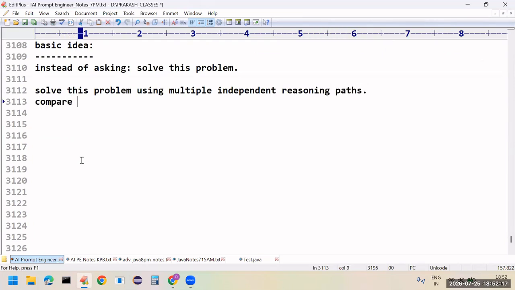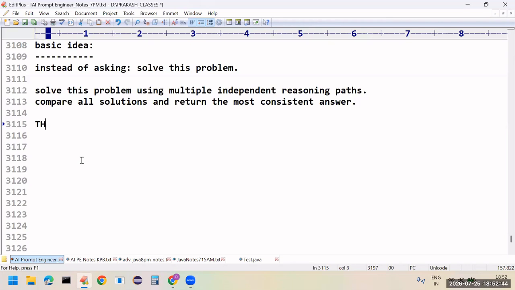Then compare all solutions and return the most consistent answer. Like that, we will ask, friends. We won't ask directly to solve this. We will ask the AI model to generate multiple independent solutions, and then we select the final answer.